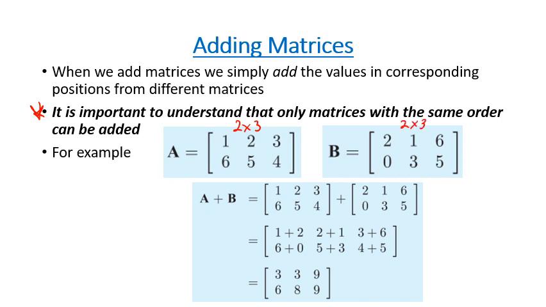So essentially what we do is we find the corresponding numbers, 1 and 2, okay, 1 plus 2 becomes 3. All right, let's use a different color. We've got 2 and 1, there are the corresponding spots, so that becomes 2 plus 1, so that becomes 3. And as we just work through, eventually we're going to end up with one matrix where we've simply added the corresponding numbers in the right positions.